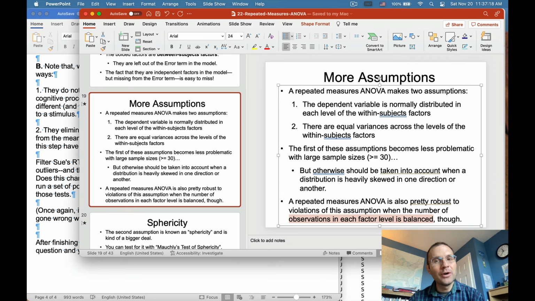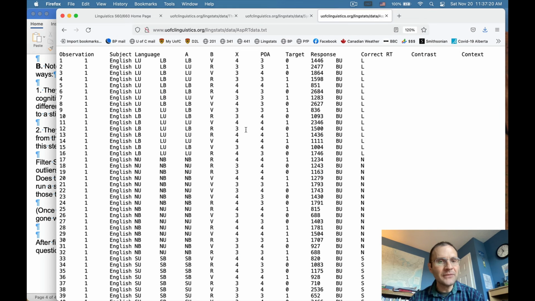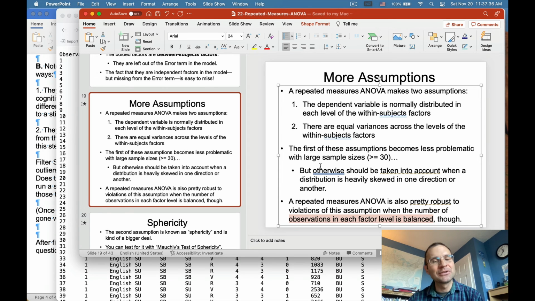In this case, if you filter out the incorrect responses, these start out as balanced observations across the different groups or pairings of stimulus factors. But once you filter out the incorrect ones, that's no longer necessarily going to be the case. So we might be violating some of these assumptions with this exercise.